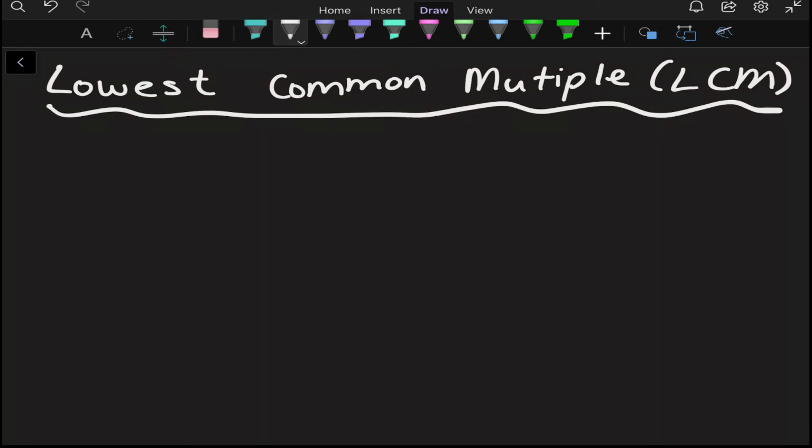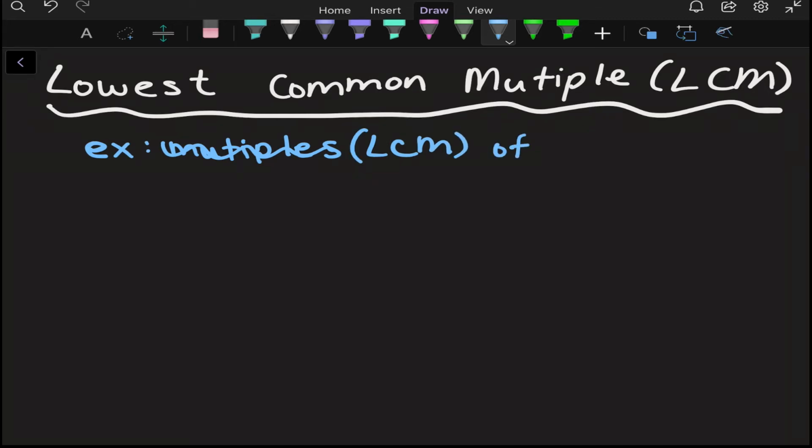I know that sounds a little confusing, but if we do an example here, we'll see that it's actually very straightforward. An example is to find the lowest common multiple of 4 and 6.